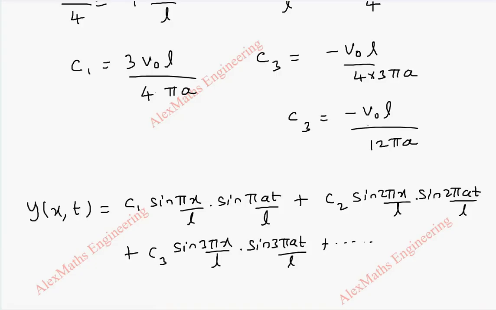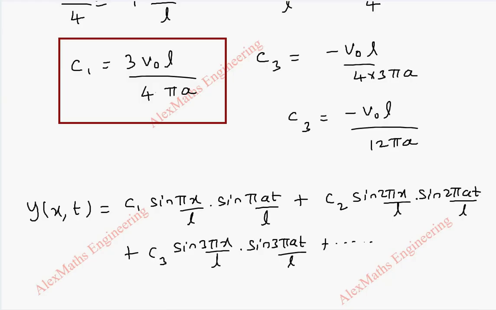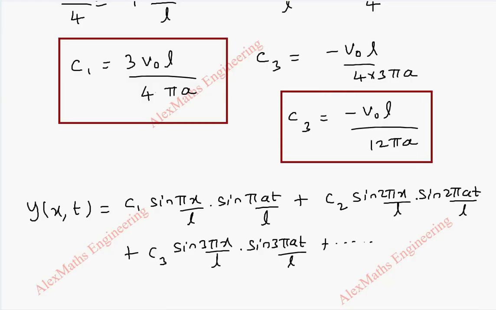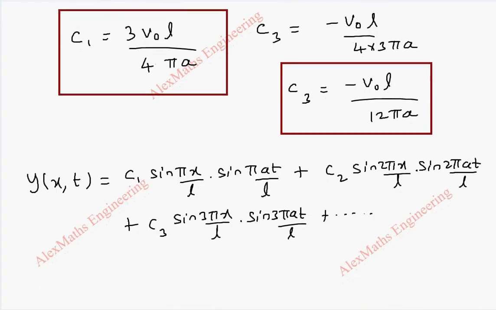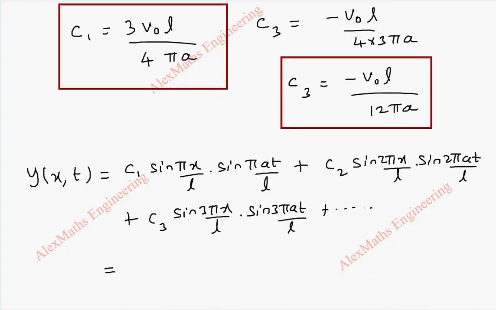But this value of constant exists only for C1 and C3. Rest of the constants are 0. So by substituting, this is 3 V naught L by 4 pi a into sin pi x by L into sin pi a t by L. C2 is 0.